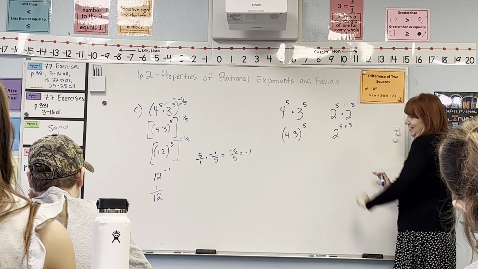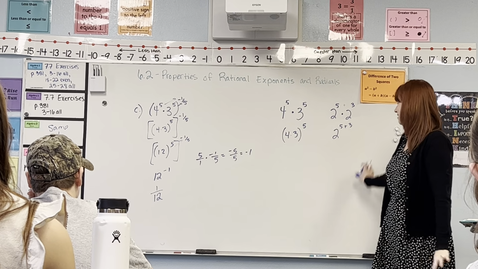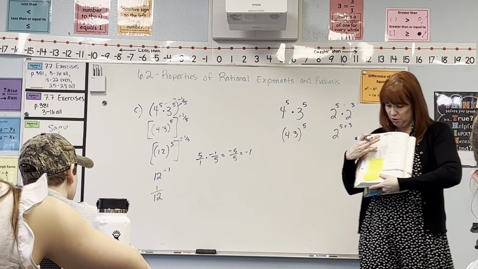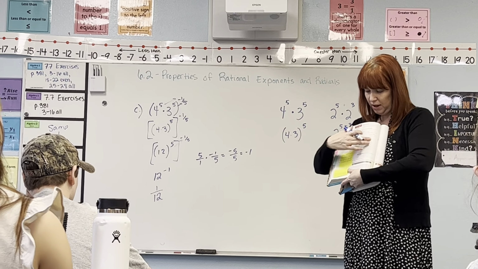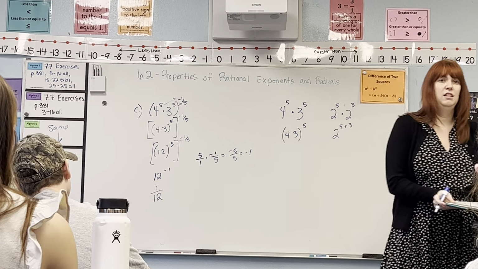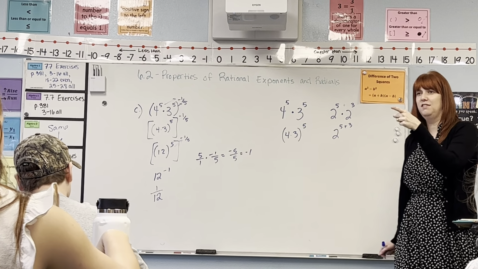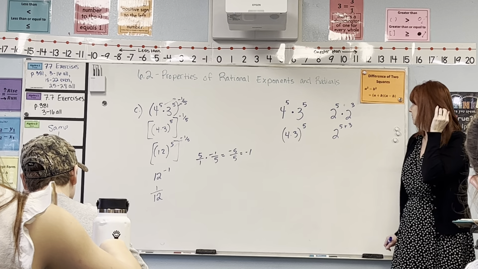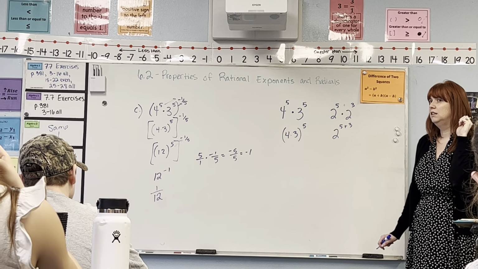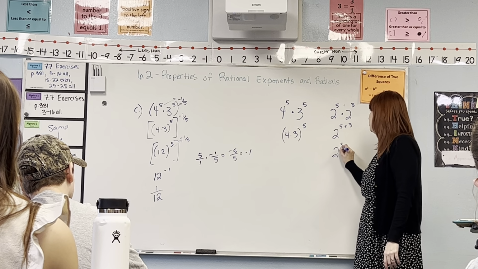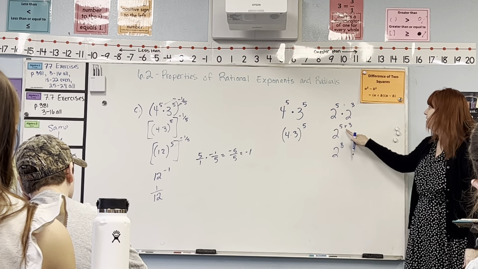Same base. Again too, if you need to reference this chart, it's in your book in 6.2. This might help, this is something you can have with you on a test. Oh, okay. Yes, you can have that on your card and stuff. Does it matter if we just do 8 or do we have to type 5 plus 3? No, you don't have to. I'm just showing in case someone asks how you got 8.